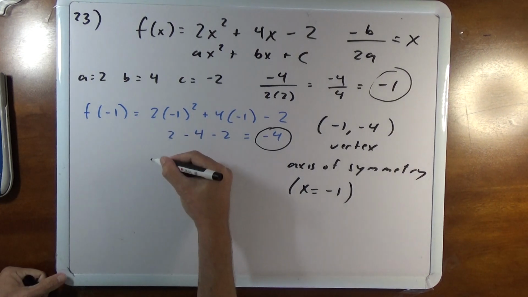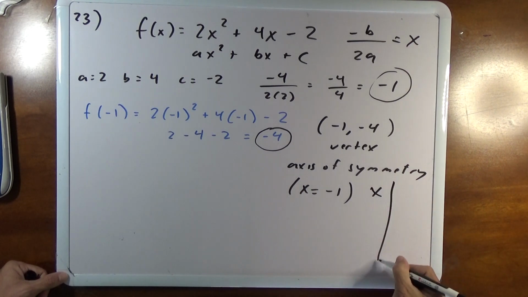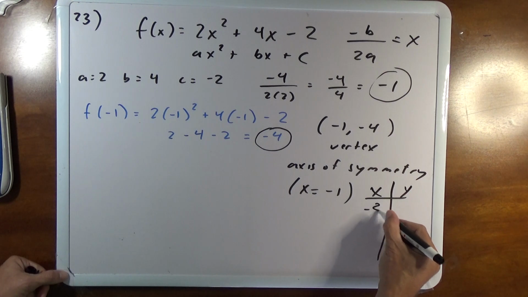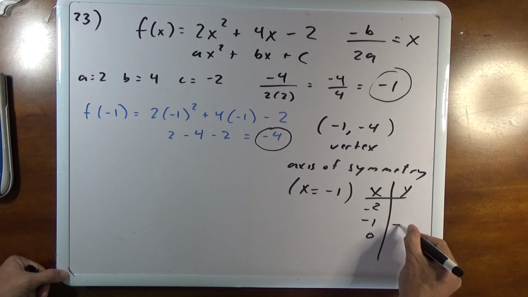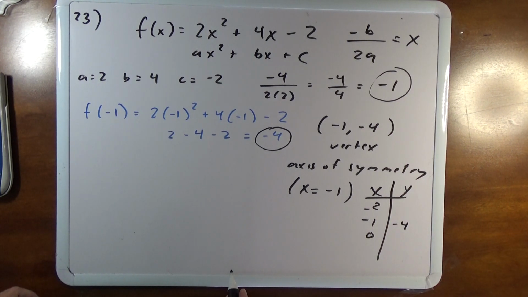And so I guess I'll do an XY chart here. So what if -2, -1, 0. When I put -1 in, I get -4. What do I get when I put -2 in?